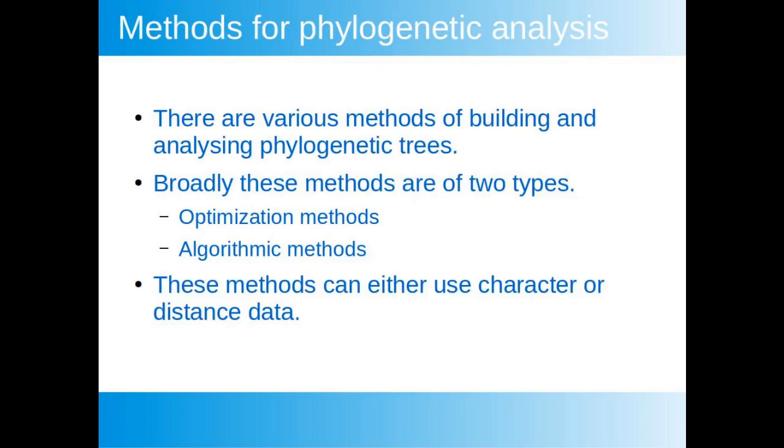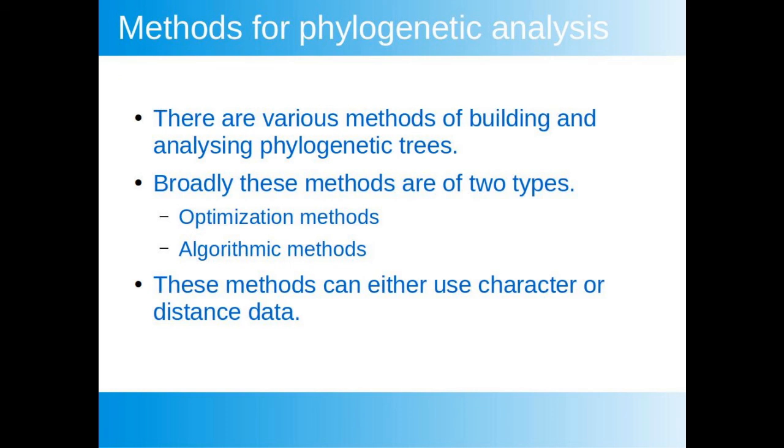There are various methods for building and analyzing phylogenetic trees. Broadly, these methods are of two types: optimization methods and algorithmic methods. These methods can either use character or distance data.